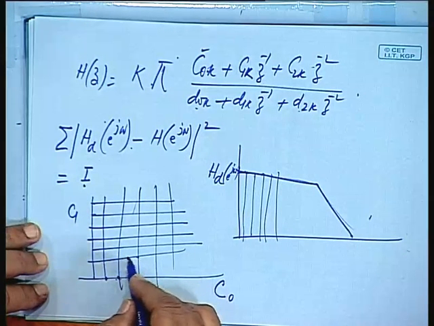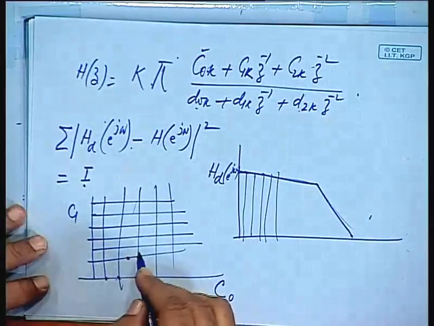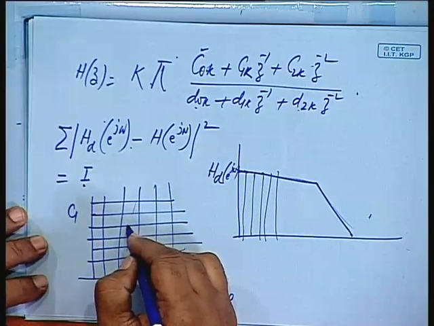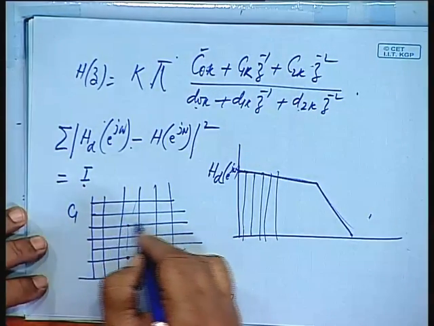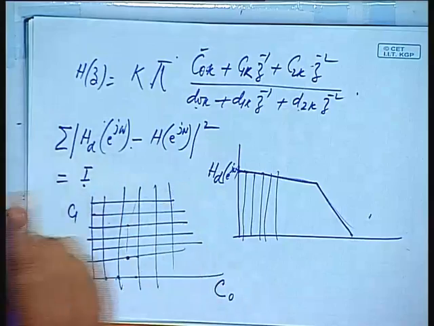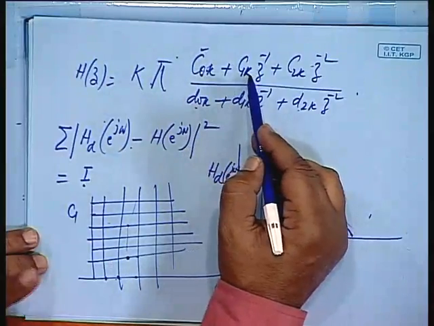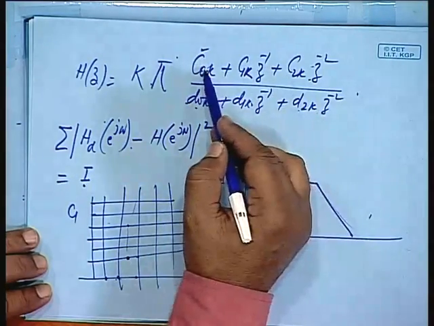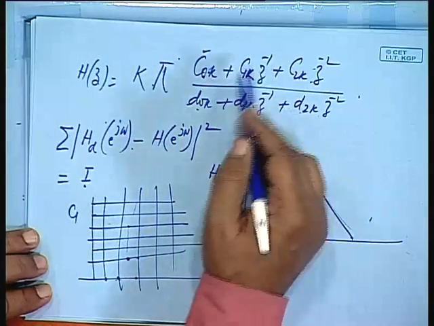So, wherever you get the minimum point you stop there in 1 or 2 iterations, then you change C1, wherever you get the minimum you come there, again change C0, then again change C1. So, you keep on changing one particular parameter at a time. So, here you change first C0k, then C1k, then C2k, then D0k, then D1k, then D2k, again come back to this. So, in an iterative fashion you keep on doing it. So, you will get the minimum and you get the set of values.